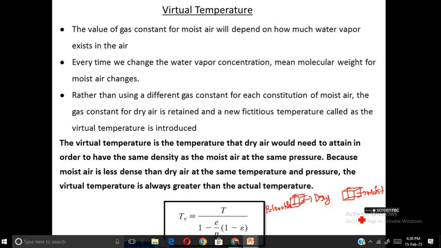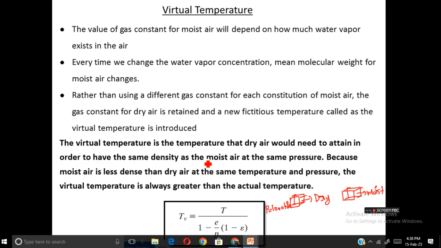I think we have discussed this before. Which will have more density? Will dry air or moisture have more density? Which will be heavier, dry air or moisture? Or you can go back to the question that we just solved.